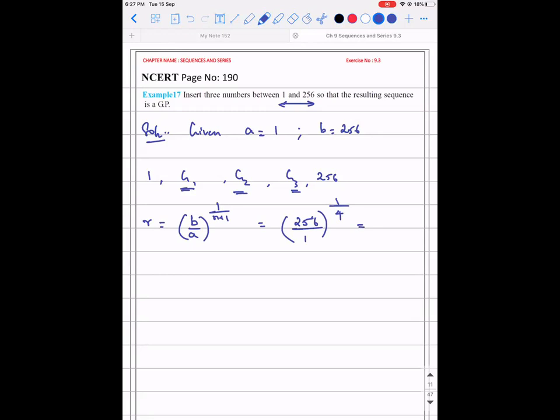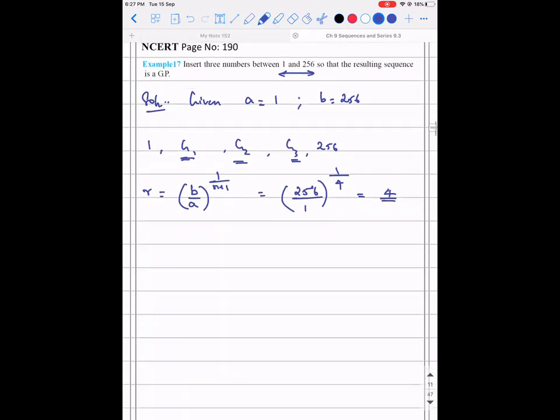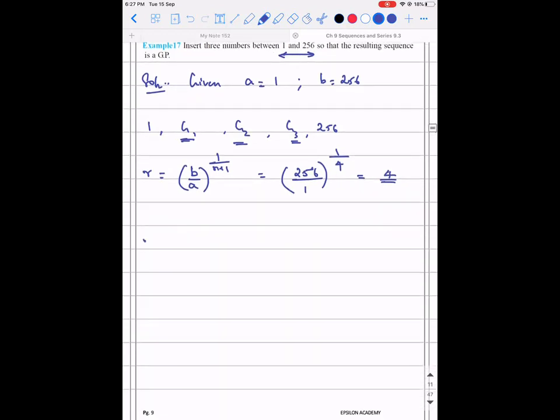So 256 power 1 by 4 is 4. So the common ratio is going to be 4. So the required sequence will be 1, 4, 16, 64, and 256. Okay.